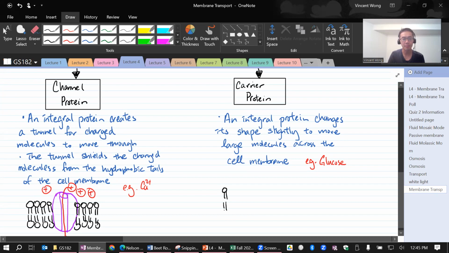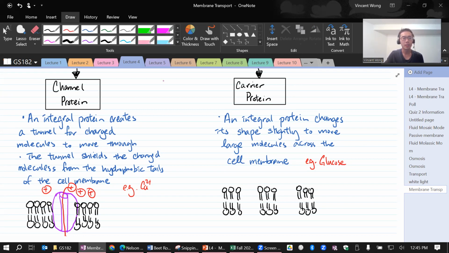That's what facilitated means, right? If you facilitate someone, you are helping someone. So this diffusion requires help from membrane protein. That's why it's called facilitated diffusion. No energy is required.